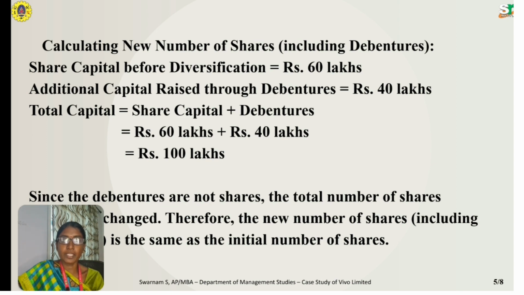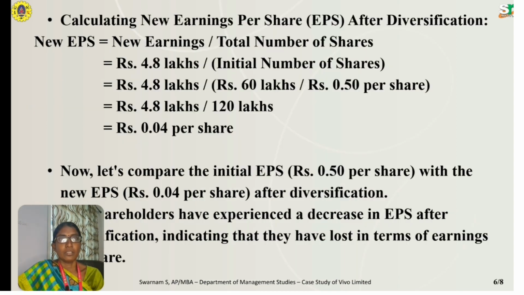There will not be any increase in the number of shares or the shareholders. So, the new EPS is the new earnings we found in the previous slide, that is 4.8 lakh, divided by the initial number of shares, that is 60 lakh divided by 0.50, that is 120. So, the new EPS would be 0.04.